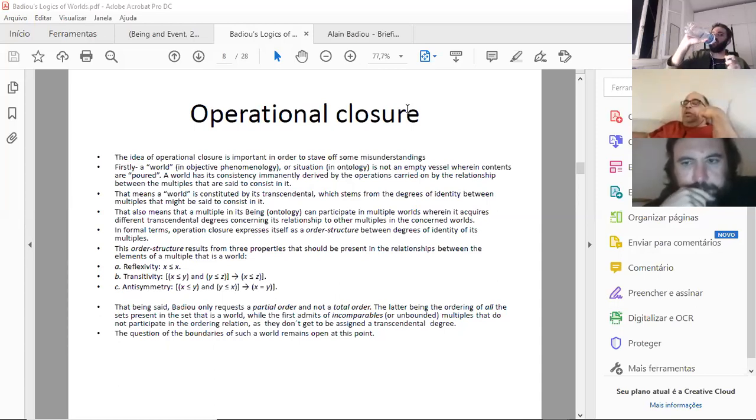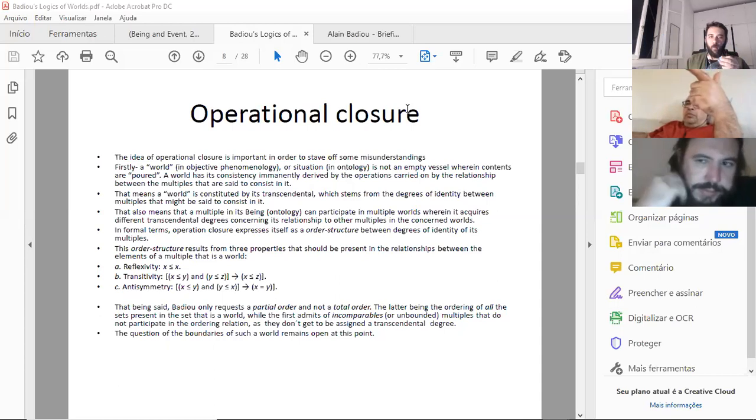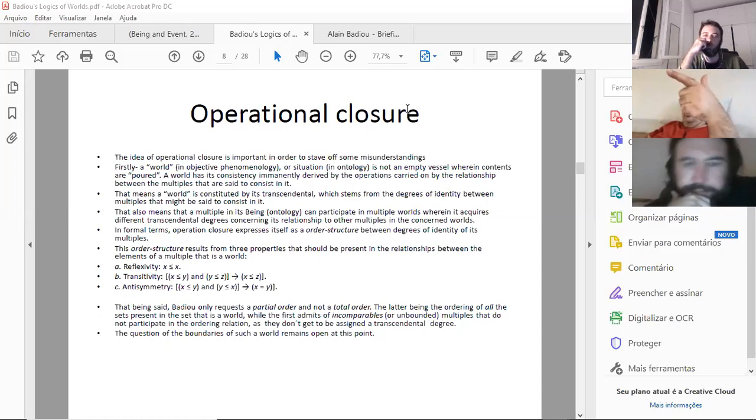And because of this, the answer is not always equal to. The answer is always more or less. So this object is different than that object by a certain degree. This is the way that I understand his discussion.